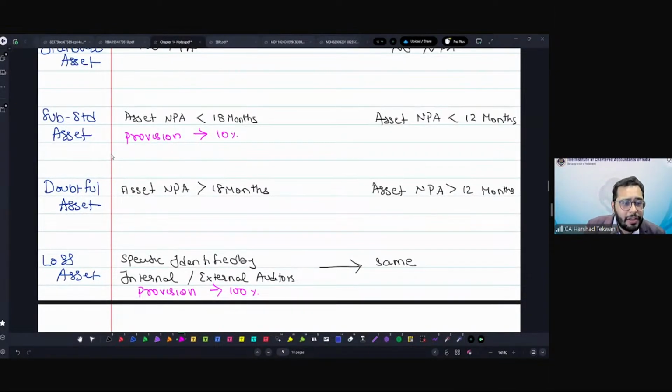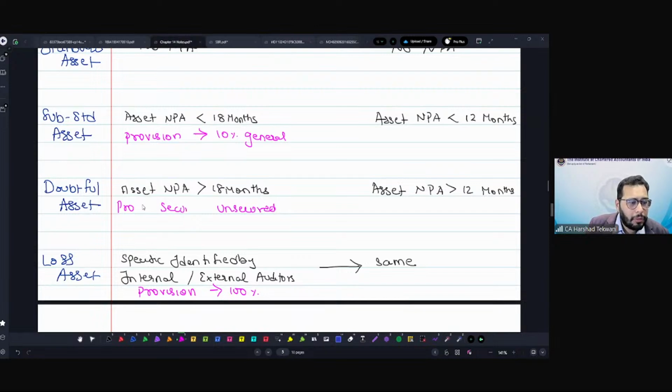You are not required to make a specific provision on each and every loan, but a general provision at a total category level. But when it comes to the loss asset or doubtful asset, it's a loan-based provision. Against each loan you have to make a provision.